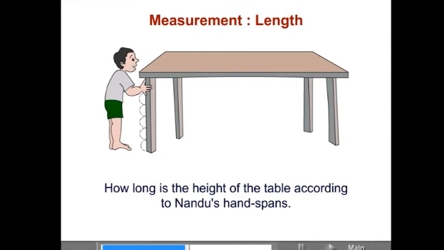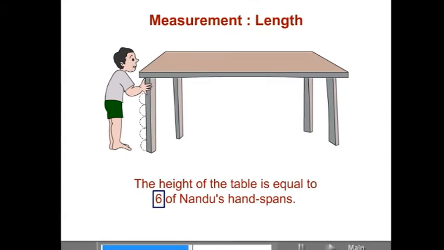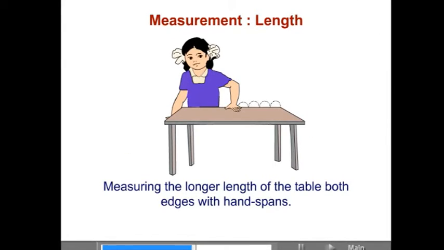So, how long is the height of the table according to Nandu's hand spans? The height of the table is equal to 6 of Nandu's hand spans. In the next picture, you can see Nina measuring the length of the table, that is the longer length of the table, with her hand span.